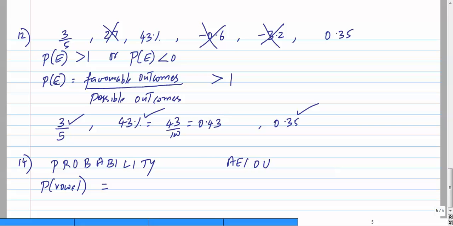So 1 plus E, no E's, 0. Plus I, 1, 2. Plus O, 1. Plus U, 0. Upon how many total letters? 1, 2, 3, 4, 5, 6, 7, 8, 9, 10, 11. So the probability of getting a vowel is 4 upon 11. Are we clear about this?